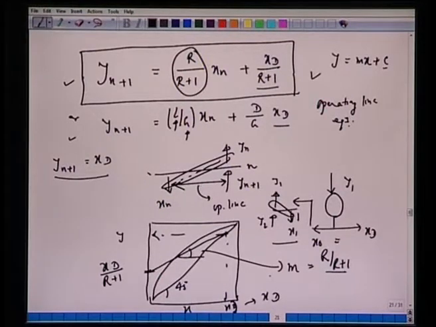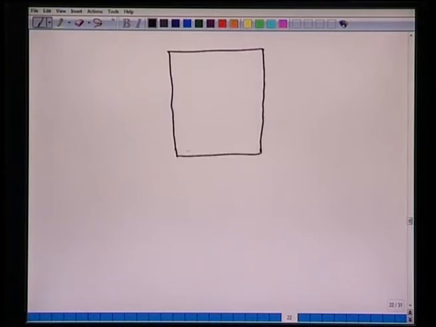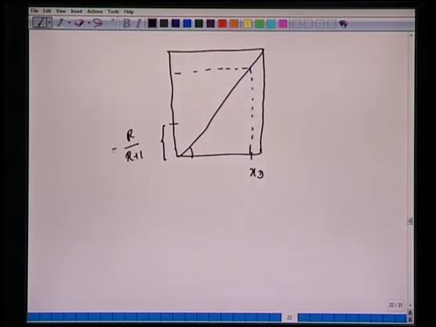So it's your convenience how you draw this. Generally when you draw this y-x diagram, instead of taking the slope here, it's more convenient to start from x_d, take this point on the 45-degree line, where y equals x, mark the slope r over r plus 1, same as L over G, and connect with this point.